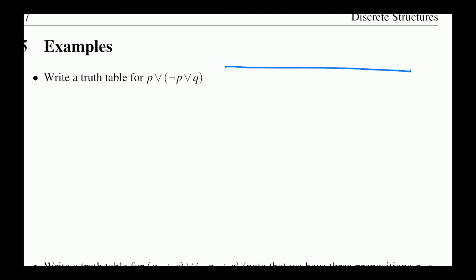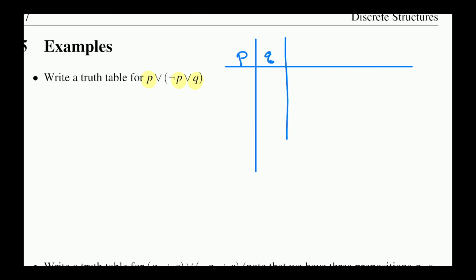So you're going to make a table. But what do we have for different variables? We have a P, another P, and a Q. So overall, we have a P and a Q.